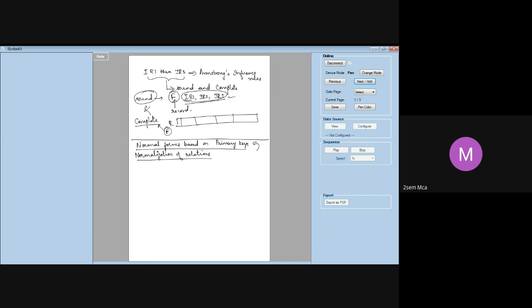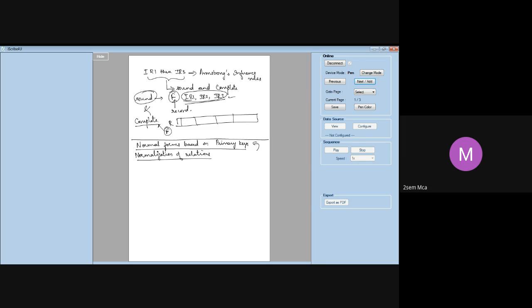Anyone else? Process of structuring the database, ma'am. To reduce redundancy. Process of structuring the database.